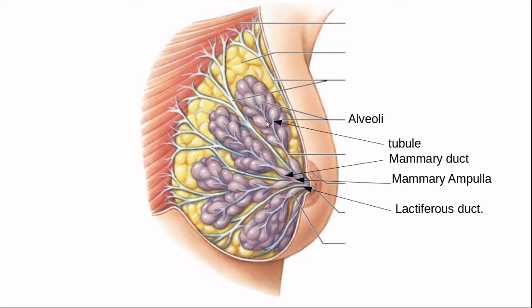And now the tubules of all the alveoli of each mammary lobe join together to form what is called a mammary duct. So the structural unit is the alveoli. From each alveolus arises a very minute tube, the tubule, and the tubules of all the alveoli of a mammary lobe join together to form a mammary duct.